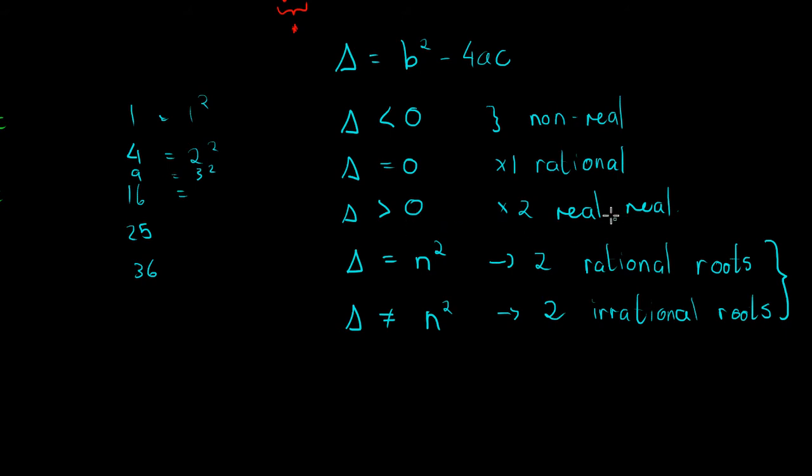So anything bigger than 0 will give me 2 distinct, 2 different roots, meaning that in the expression ax squared plus bx plus c equal to 0, if I use the b squared minus 4ac and I get something that is less than 0, this thing doesn't have solutions.